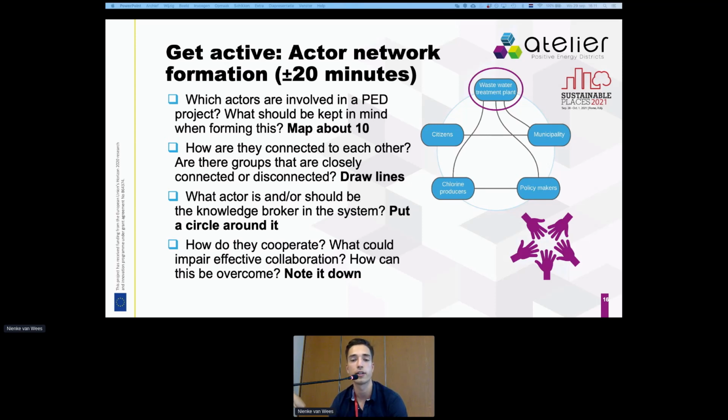I'm also just repeating it for the people online. Good question. We're also going to talk about the visions and expectations, and after that we're going to discuss the learning processes. For now, we're only going to look at the actor network formation, and for that you can just start by placing all the actors and then connecting the lines between them.